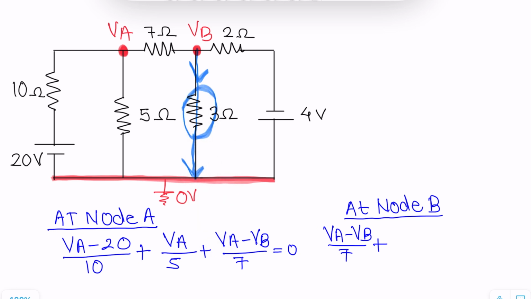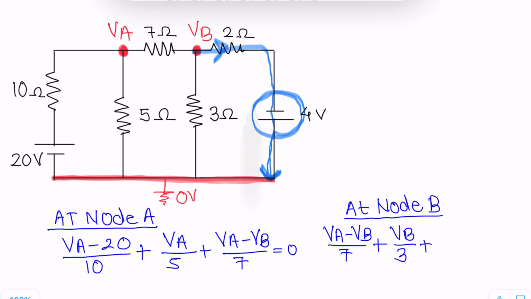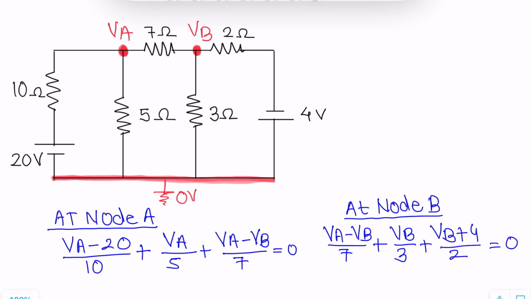So VB minus 0 upon 3. Third starting at VB, ending at 0. So VB minus 0. And now see carefully, this voltage source is in favor of our direction of current. So this will become plus 4 divided by 2 ohms. So the equation is VB minus 0 plus 4 upon 2 equals to 0.